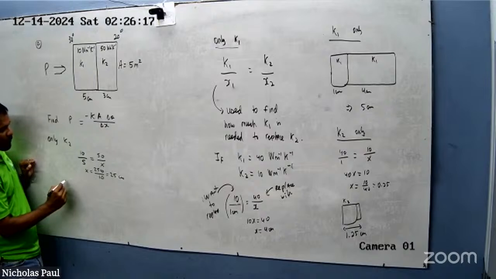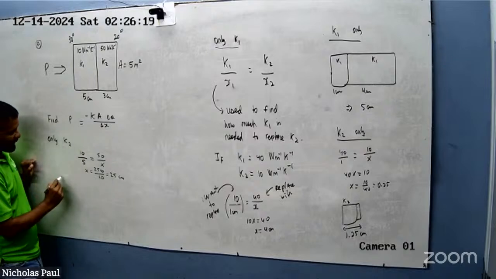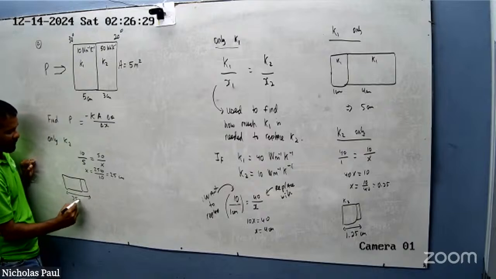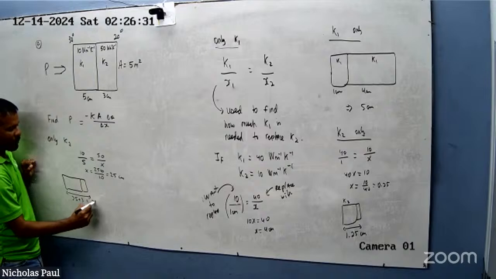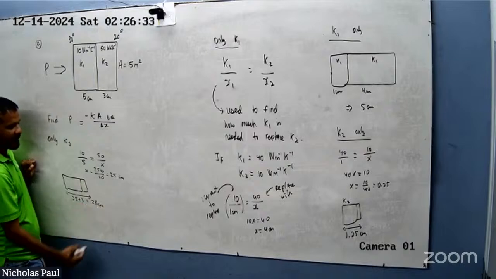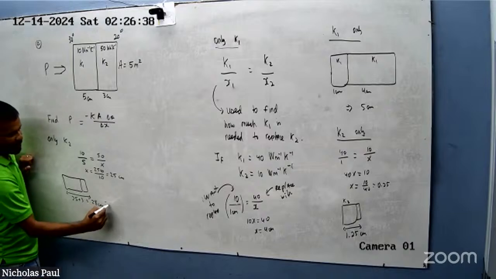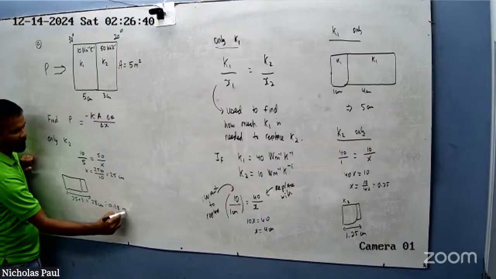So now, the total thickness will be the 25 plus the 3. So the X value will be 25 plus 3, which is 28 centimeters, which is equal to 0.28 meters.